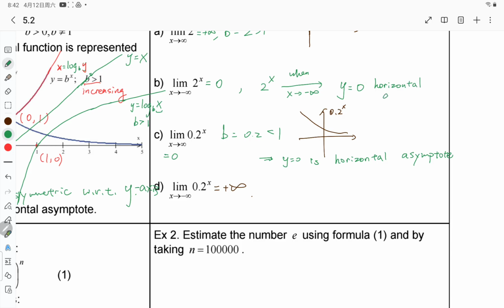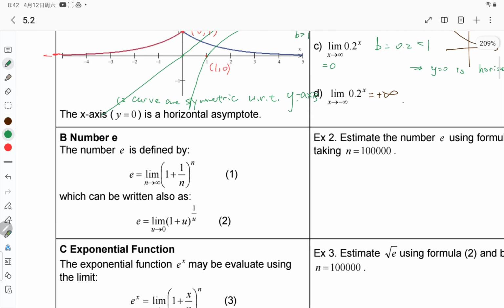So if you have already seen this exponential function somewhere, it should not be hard for you. And then for the natural number e, this is a new way to define e: we define it as the limit as n goes to infinity of 1 plus 1 over n to the power of n.